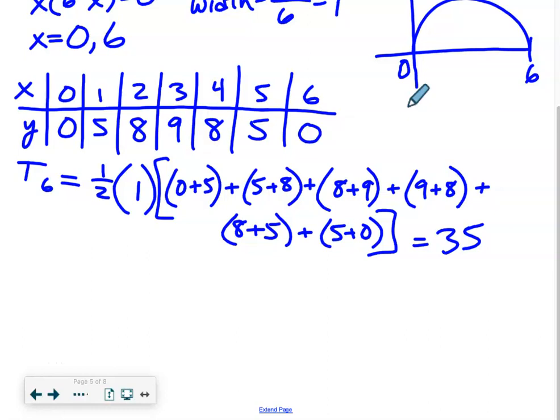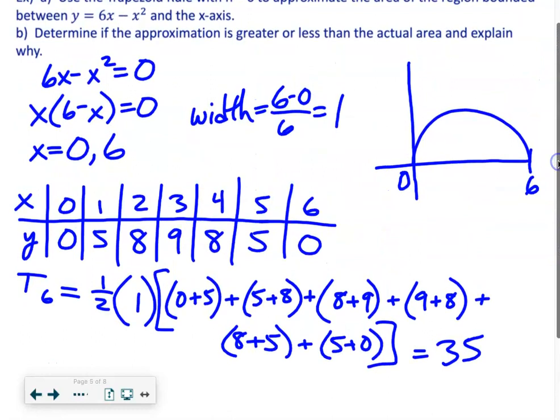Okay. One other little thing I want to mention before we answer the over-underestimate question. If we sketch the trapezoids, our first trapezoid looks like that. The left height is 0, the right height is 5. Is this a trapezoid? It's a triangle.